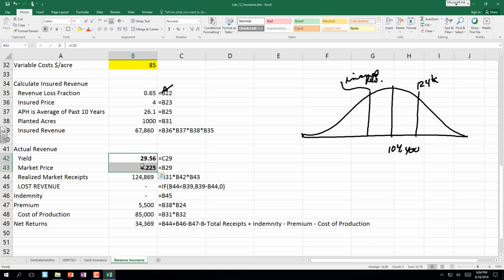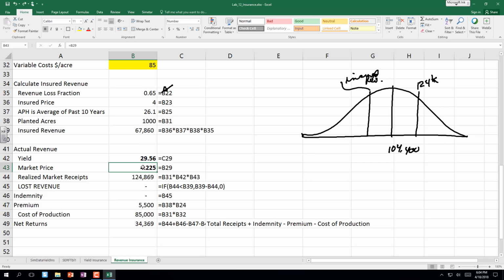So let's find out if this is going to work. Let's just type in a 0 for the price, so we get 0 revenue. If you do that, the indemnity should equal what you insured. Correct? Yeah. Okay. Then hit Command Z.